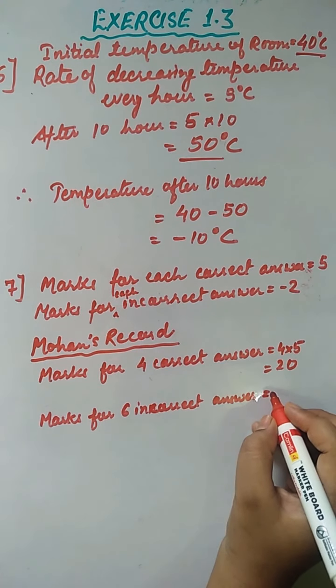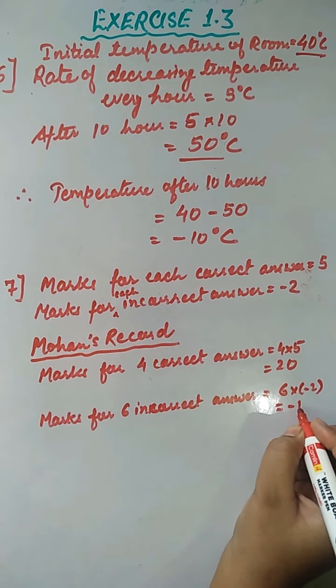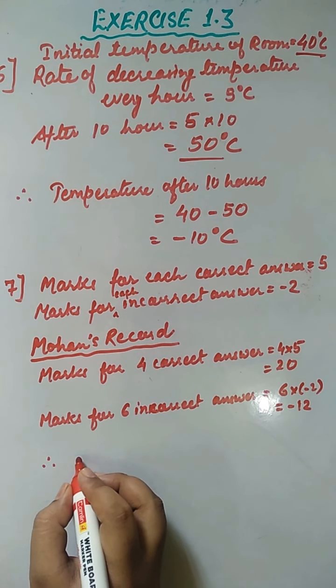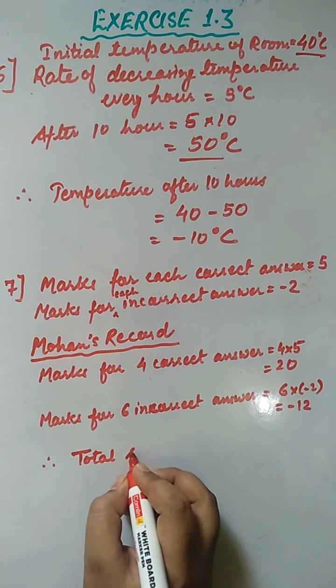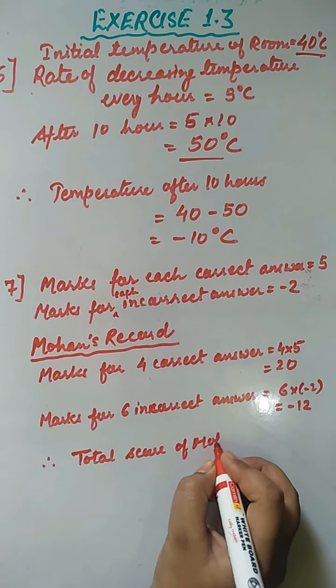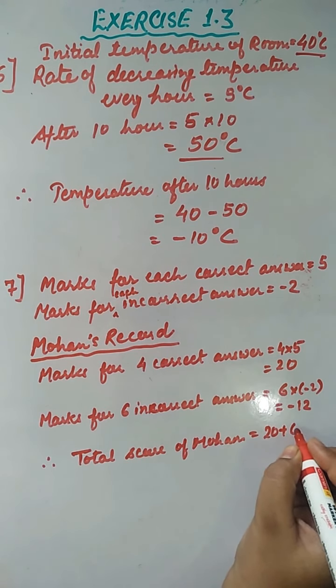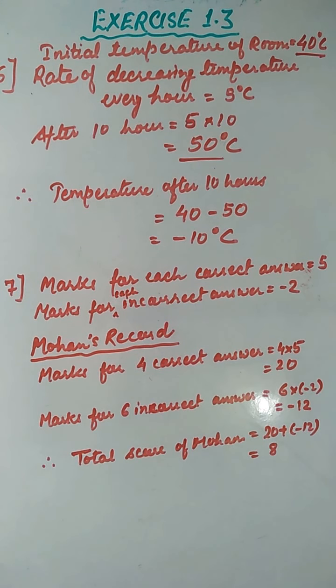For 6 incorrect answers, marks will be 6 into minus 2, that is minus 12. Therefore the total score of Mohan will be, you have to add both the marks, 20 plus minus 12. This will be 8 marks. So the total marks Mohan scored in the test is 8.